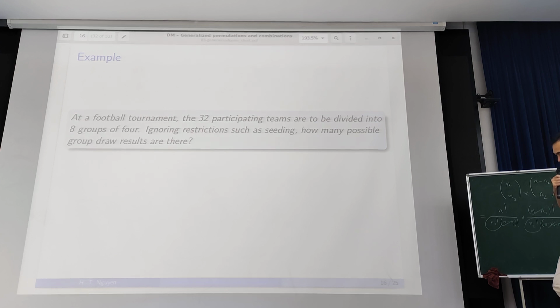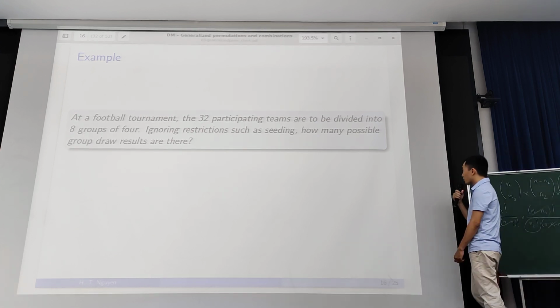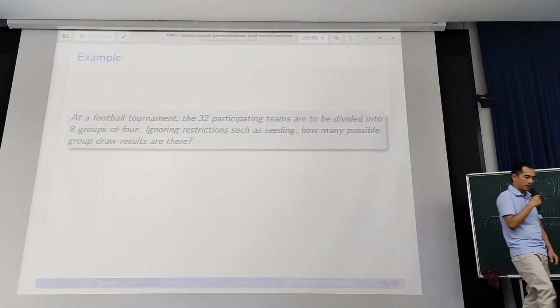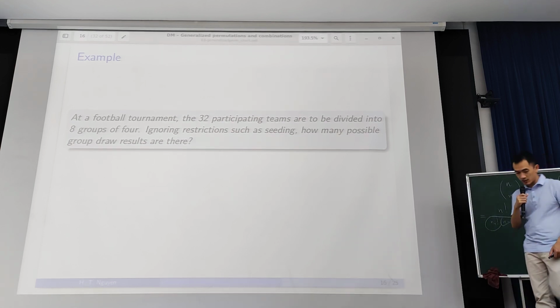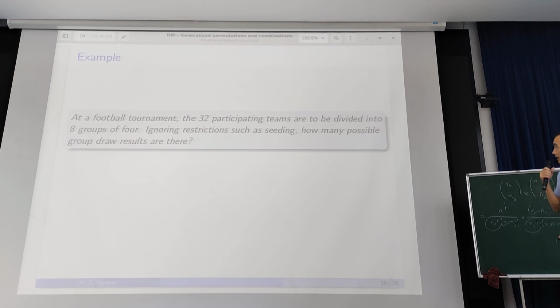Now, as an example, consider a tournament where there are 32 teams. They participate in the group phase, in which the teams are divided into groups of 4.